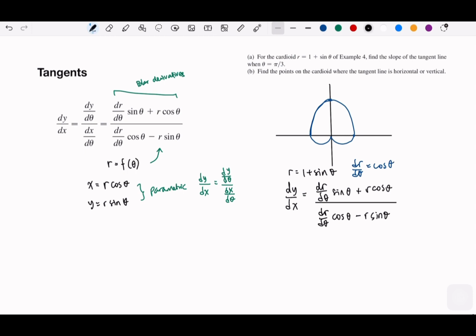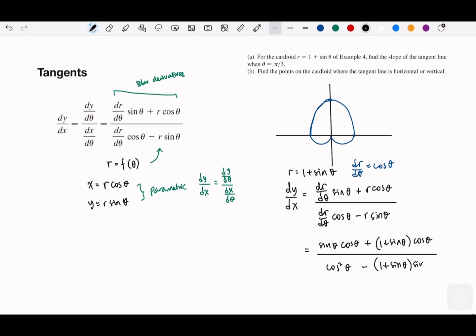So we can change everything with cosine for the dr d theta. So sine theta cosine theta, plus r is 1 plus sine theta, cosine theta, and then cosine squared theta minus 1 plus sine theta sine theta.